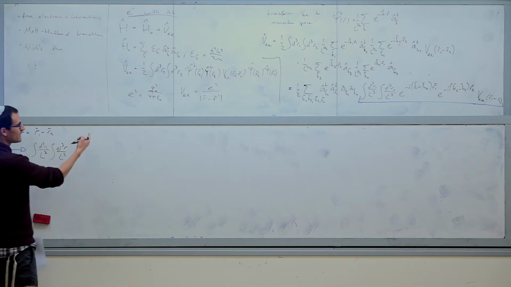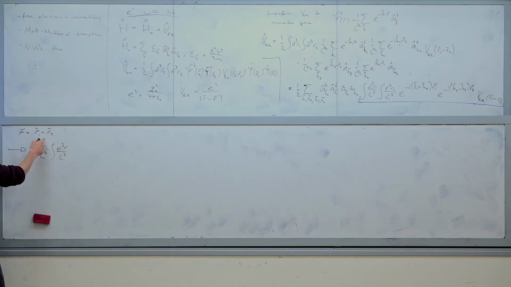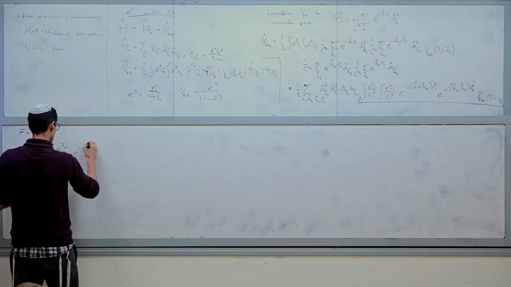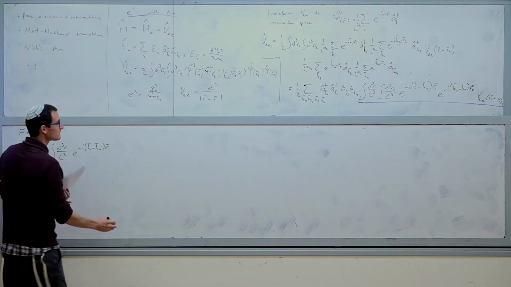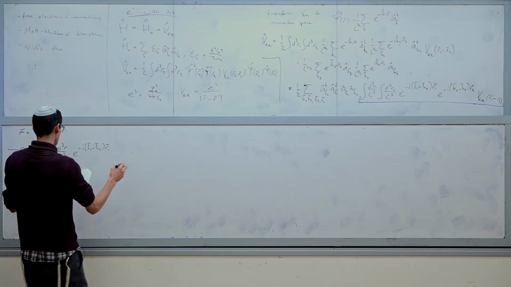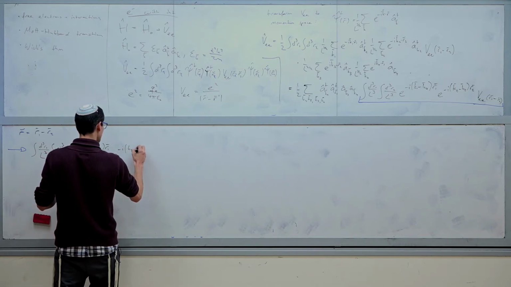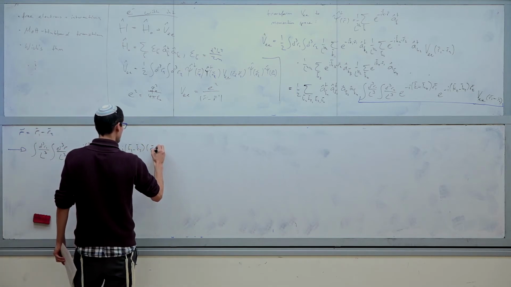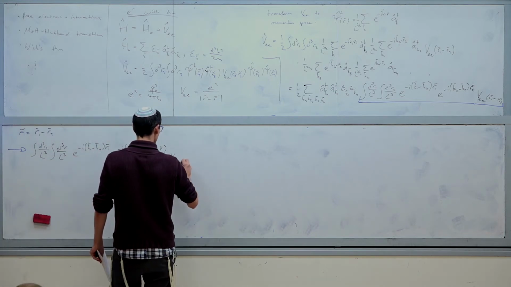There's no R2 anymore, and every place where I see R2, I'm going to replace it by R1 minus R. So you get e to the minus i (K1 minus K4) times R1. That remains. And then in the second exponent, there's an R2, so that's e to the minus i (K2 minus K3), and instead of R2, I have to write R1 minus R. And then the potential is now a function of just R.